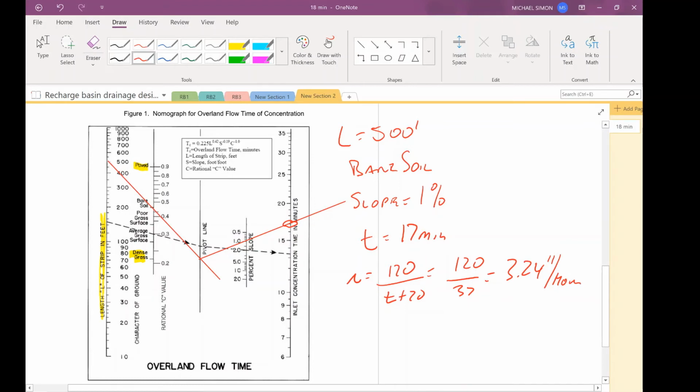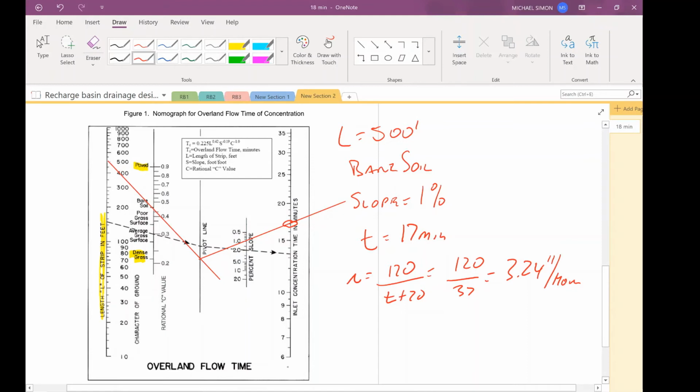It's all done through nomographs, depending on the strip of land, the ground surface you're going through, and the percent slope. You can run into trouble if you have slopes exceeding 20% or less than 0.5%. It's very hard, and you have to basically estimate where that falls.